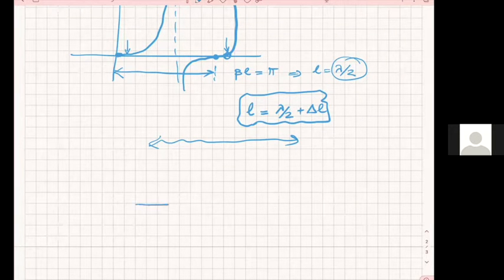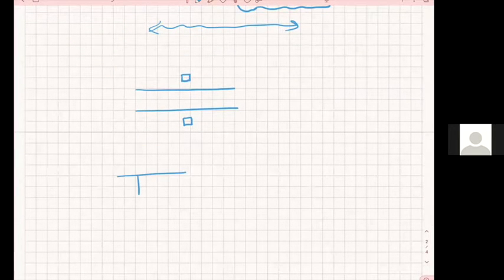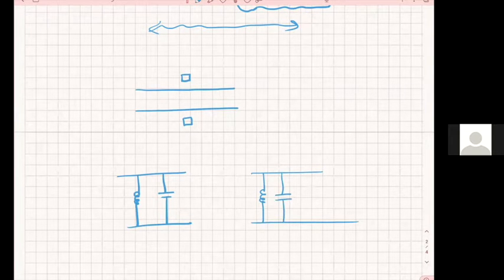So if this is my microstrip, what if I bring my ground? First of all, I would like to do all of my geometries symmetric. So instead of having one L and one C here in the line, what if I have two of those? So my L and one C here, and another L and then C here.